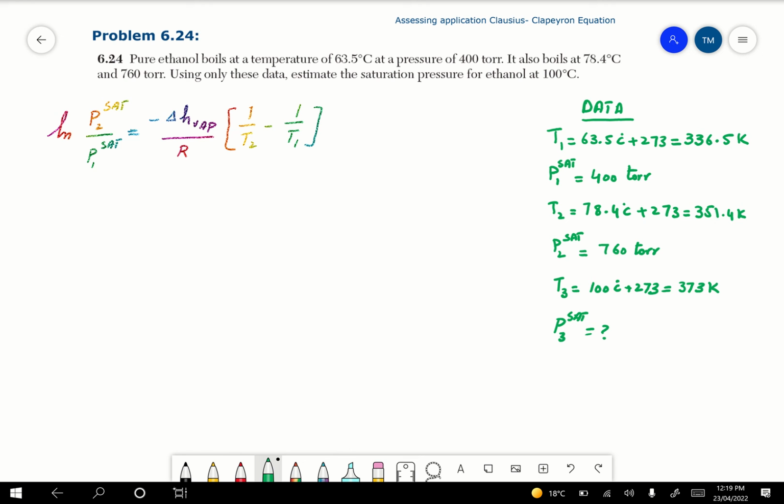And the R value is 8.314 joule over mole Kelvin.